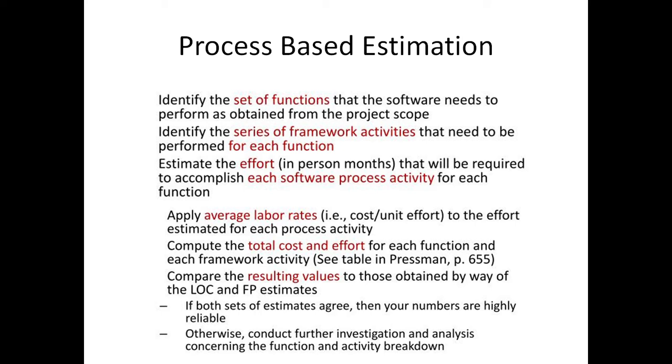It applies average labor rates to the effort estimated for each process activity and also computes the total cost and effort for each function and each framework activity, and then compares the resulting values to those obtained from the LOC and FP estimates. If both sets of the estimates agree, then your numbers are highly reliable. Otherwise, conduct further investigation and analysis concerning the function and activity breakdown.